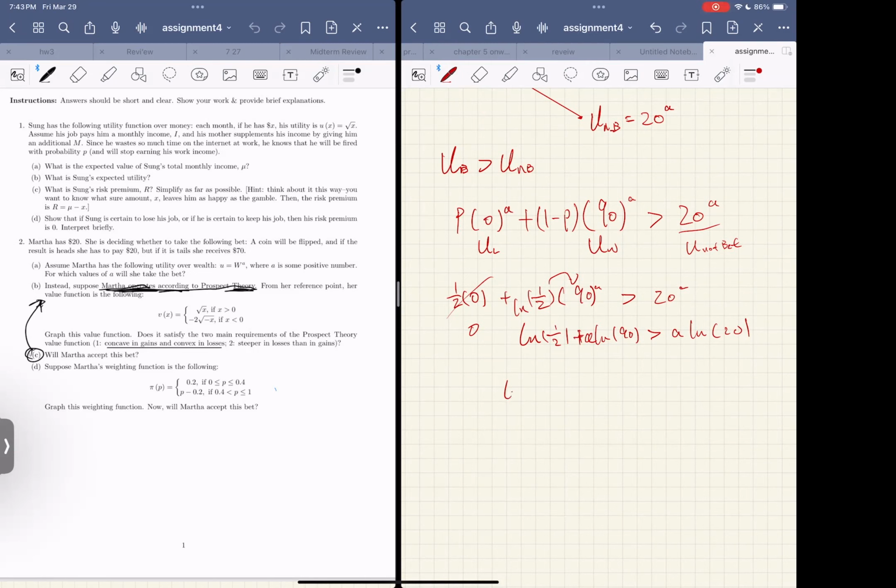So it's ln of 1/2 plus, and for ln of 90 to the A, the A goes up here and comes down to the front, and your 90 is your base. So it's A of ln of 90. Yeah, that's it. Does it make sense?